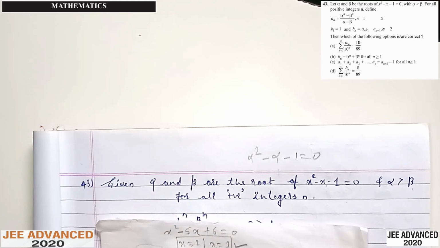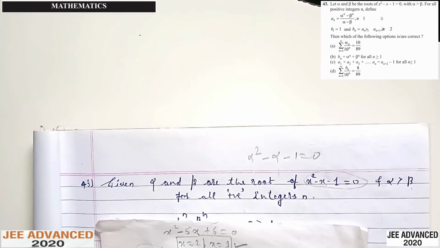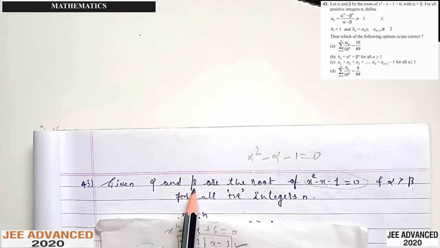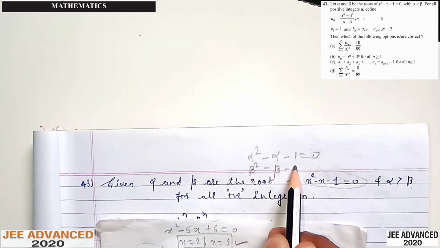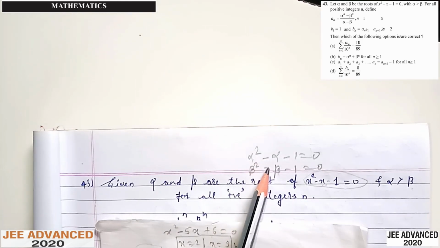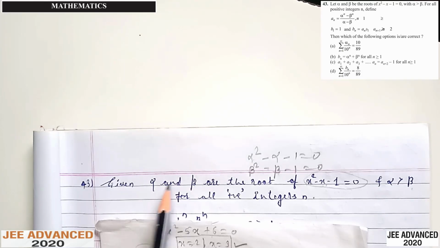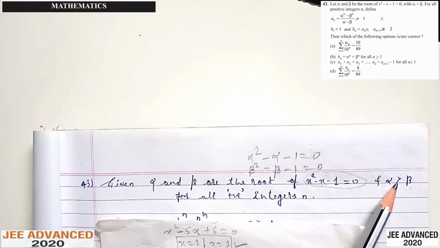Similarly, beta is a root, so beta squared minus beta minus 1 equals 0. Now see that by using this quadratic equation and its roots, I got two other quadratic equations, and alpha is strictly greater than beta here.